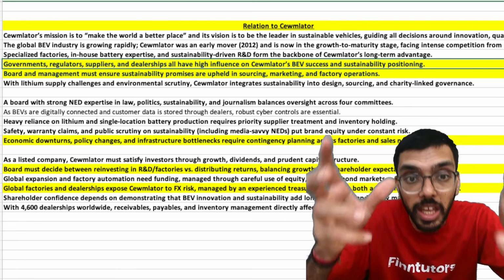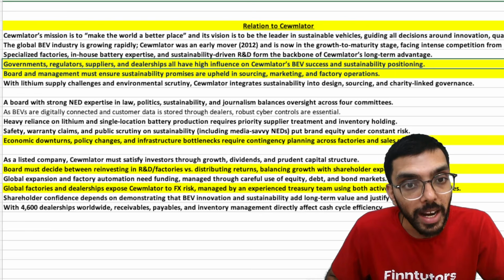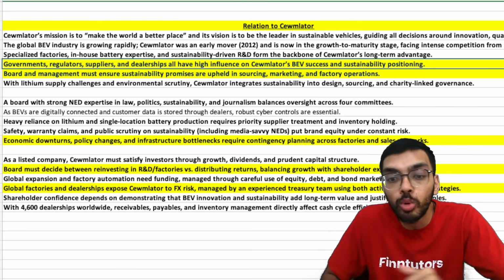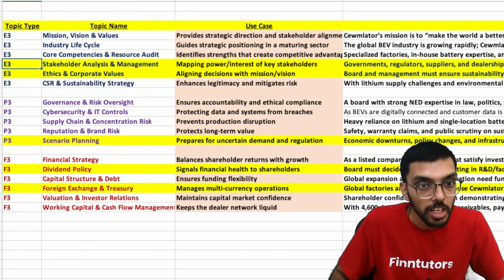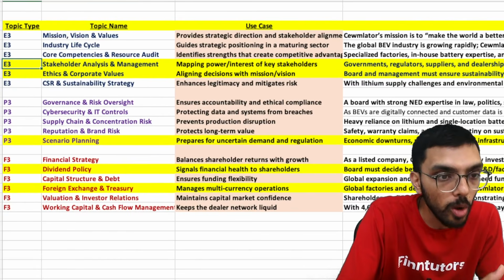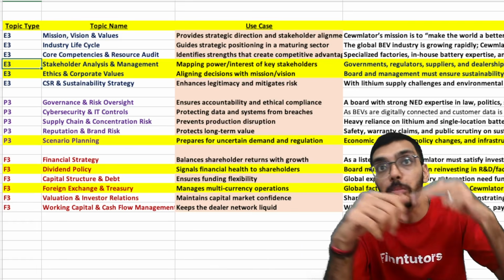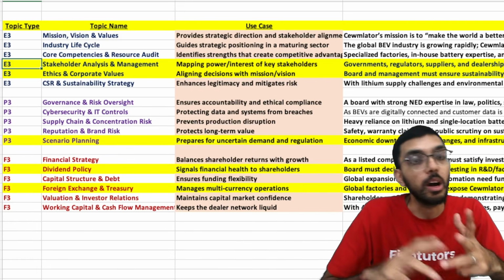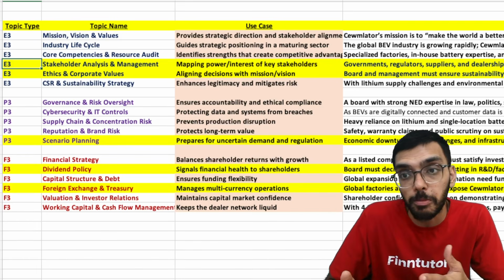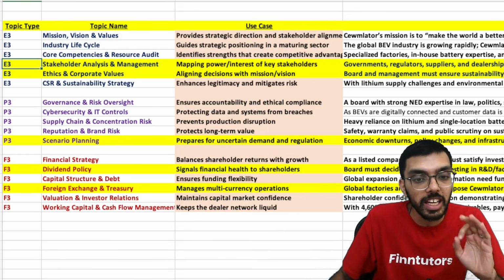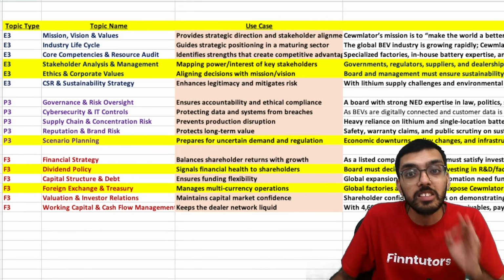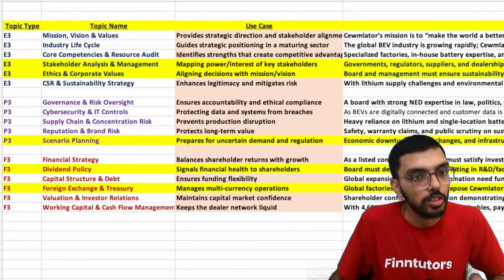So I'm helping you think from the company's perspective even before we move to mock question writing. This will help you narrow down on stakeholder analysis, help you study Mendelow's matrix, help you think how government can affect me, how regulators can affect me, how suppliers can affect me. It's getting you thinking in the right direction. That's the value of such a detailed topic list.